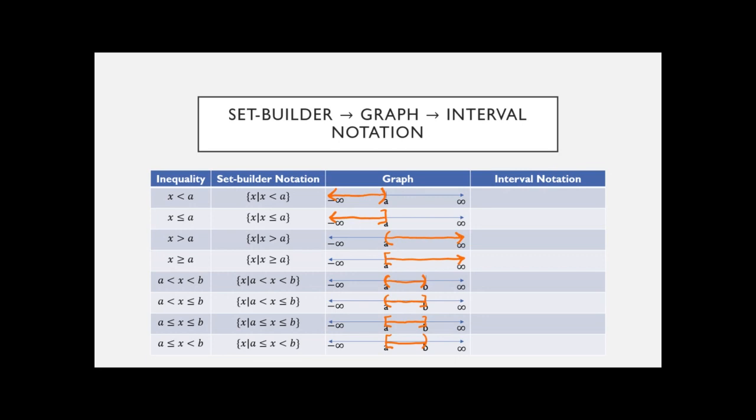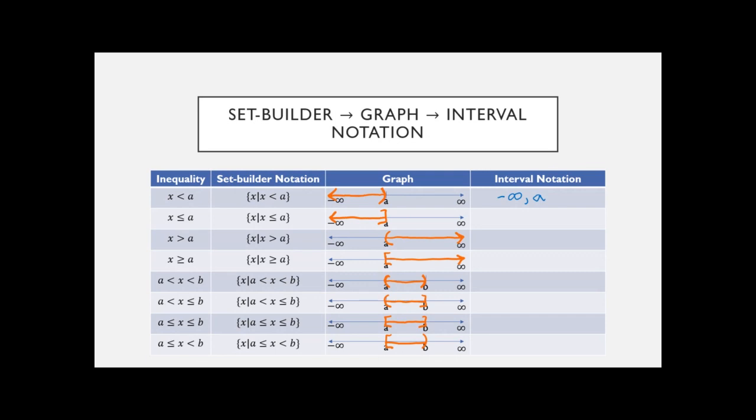So when we go to interval notation, what we do is we go left to right. If we look at our graphed part, the orange, the left part starts at negative infinity. And then we stop shading at 5, or not 5, at a, because it's just any number. If I used an example of 5, we stop shading at whatever a is.